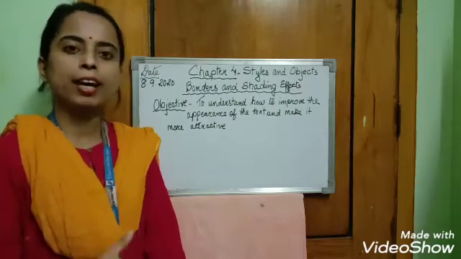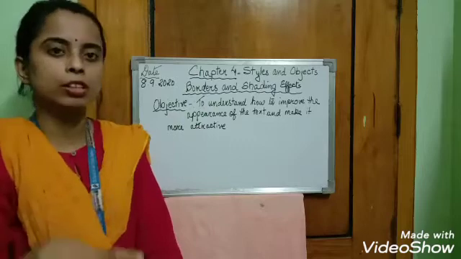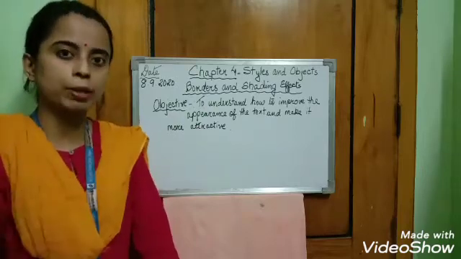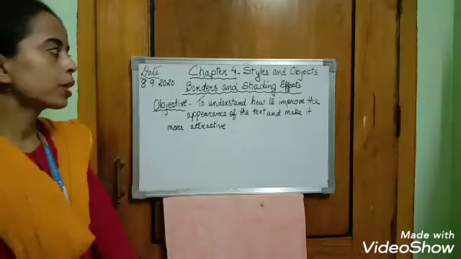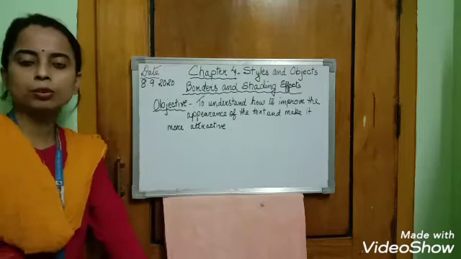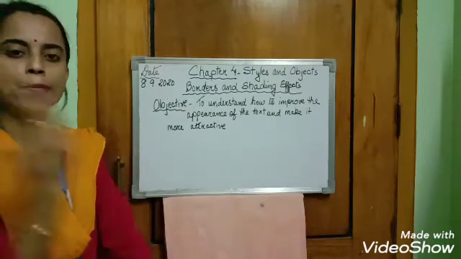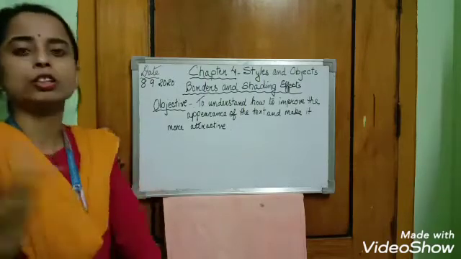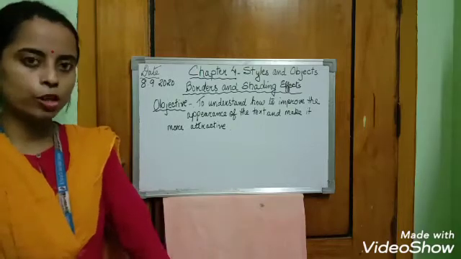I explained the steps to you, how to insert symbols and how to insert shapes in your document. I hope all of you have practiced this. Apart from images and pictures, we can also insert shapes and certain symbols in our Word document.